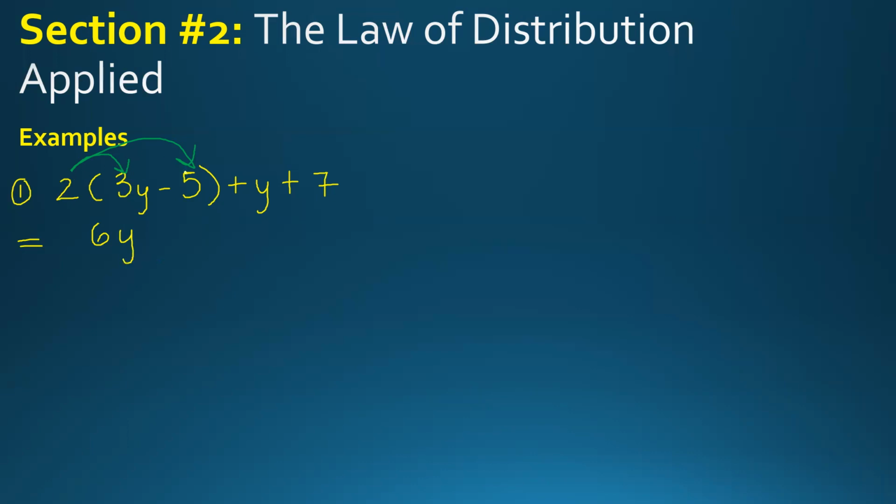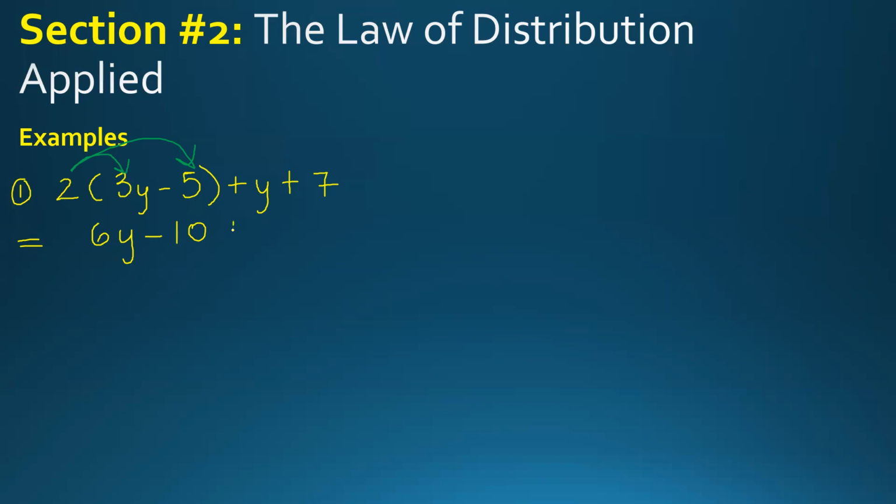And what is 2 times 5? It's 10. Very good. Notice that for this one, we don't put the y. We just put 10. So again, 2 times 3y is 6y, and then 2 times 5 is 10.